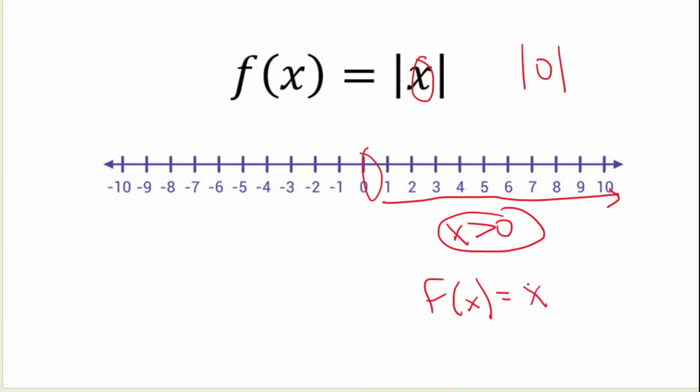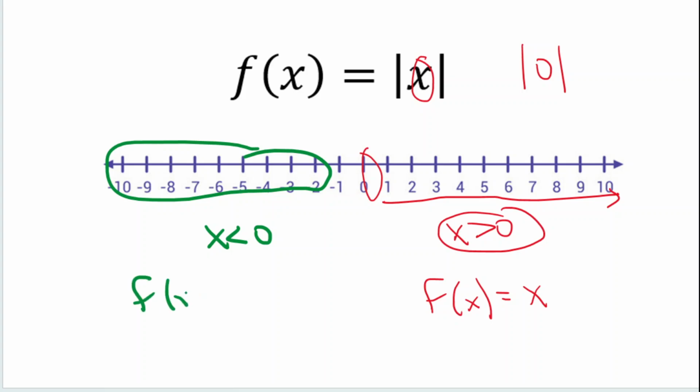It doesn't do anything. Whereas for the set of numbers that are negative, when x is less than 0, when I sub one of those into the function, I have to do something to it because the absolute value makes me change the input by multiplying by -1. So that's how an input of -7 would become 7, by multiplying by -1.